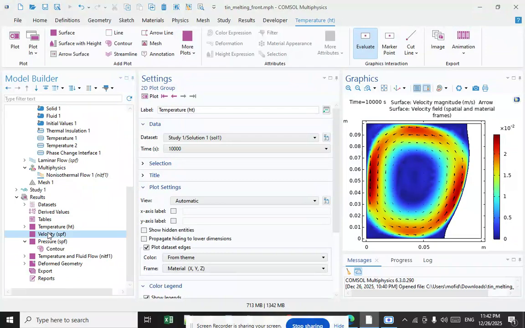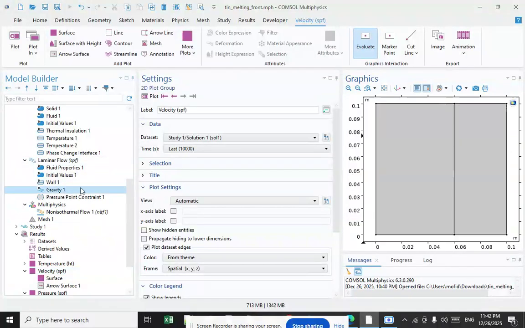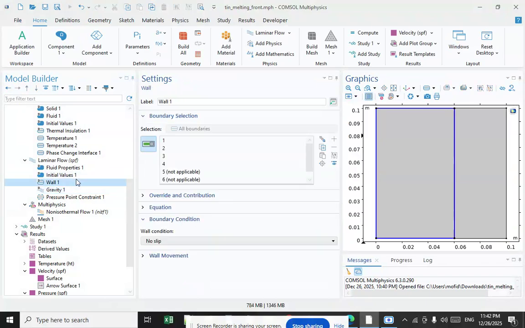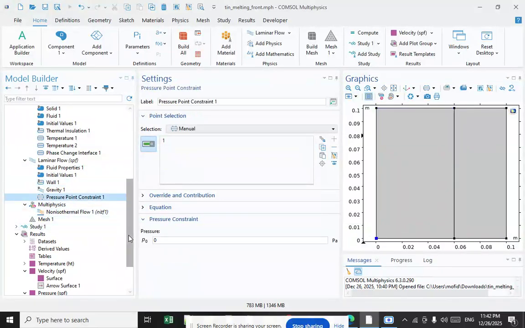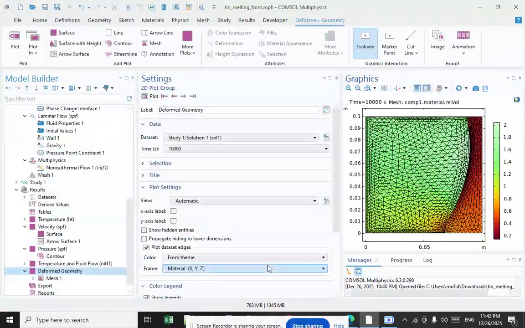And we go through the velocity. This velocity comes from the laminar section, and we have defined the gravity, also the wall fluid properties, and also the pressure point constraint. And now you can see the deformed geometry.